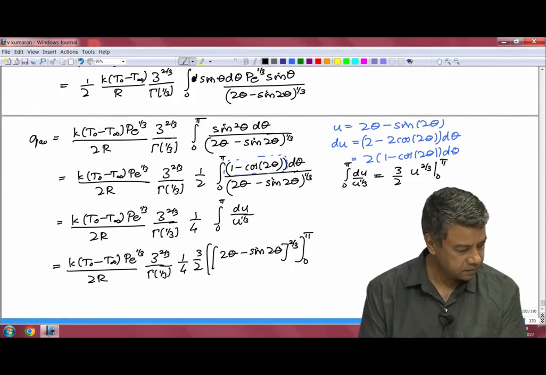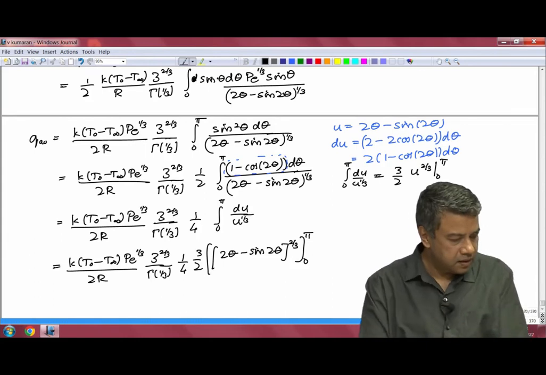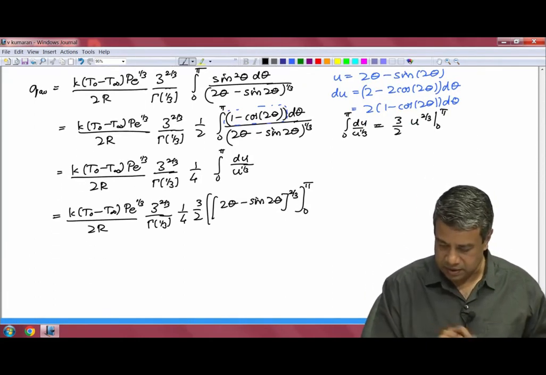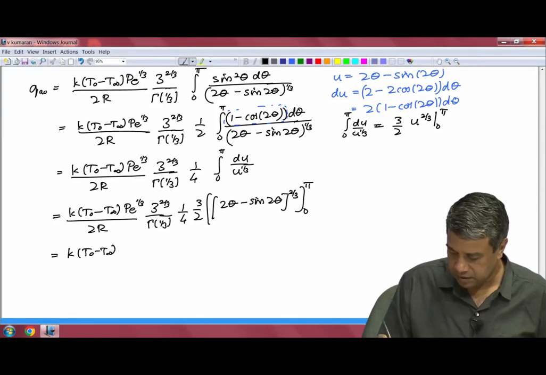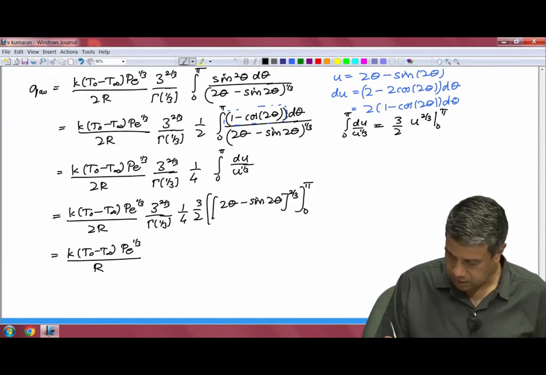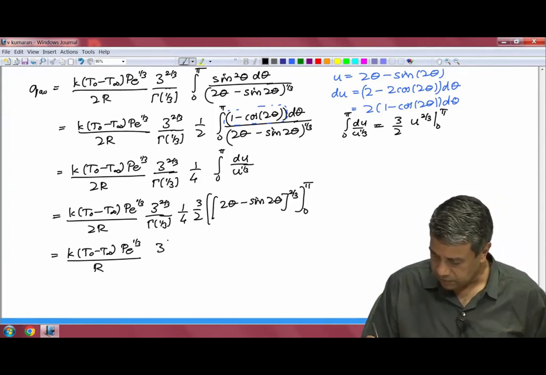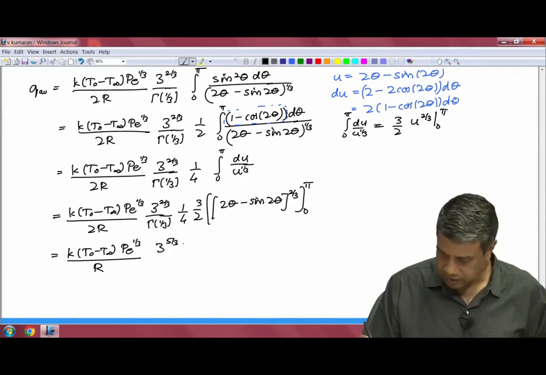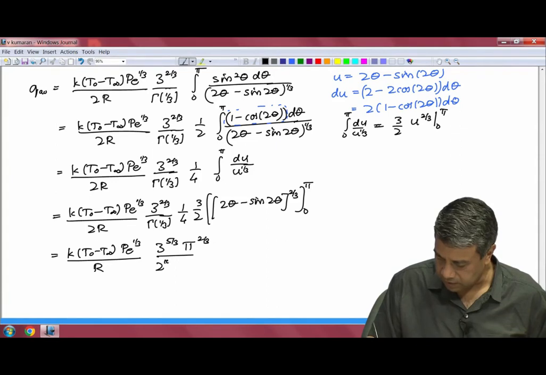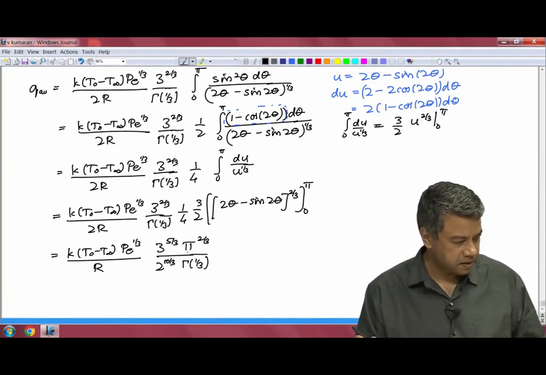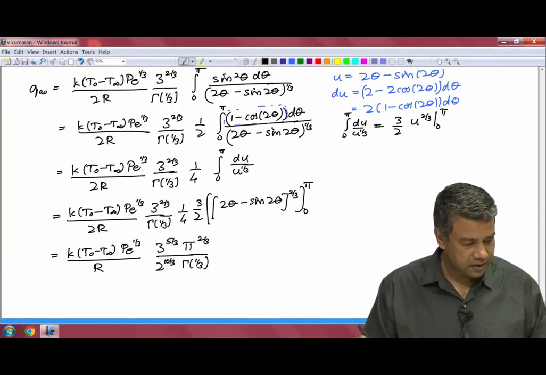And you can evaluate all of these constants and you will get k into (T naught minus T infinity) Pe^(1/3) by r into 3^(5/3) into pi^(2/3) by 2^(10/3) into gamma of 1 by 3. So, that is the final expression.